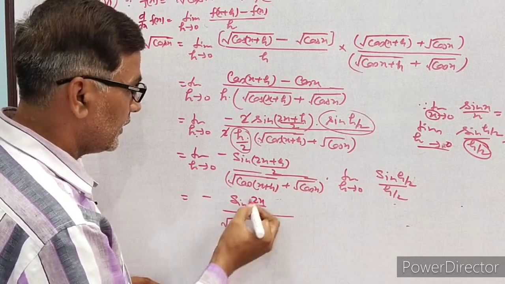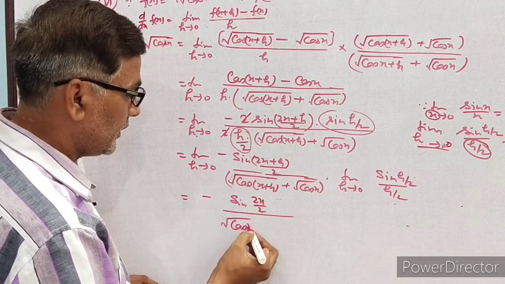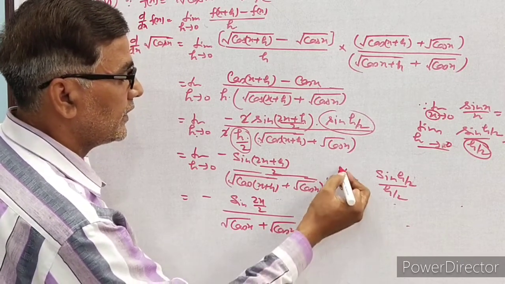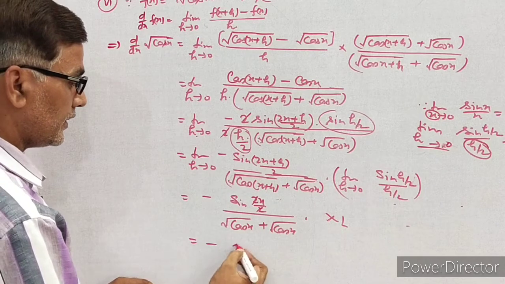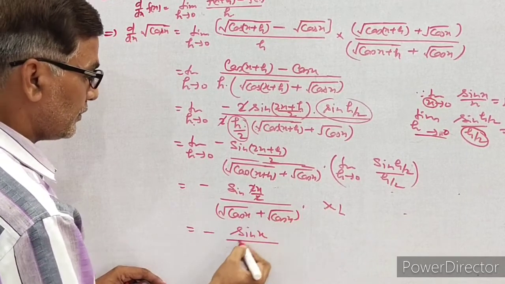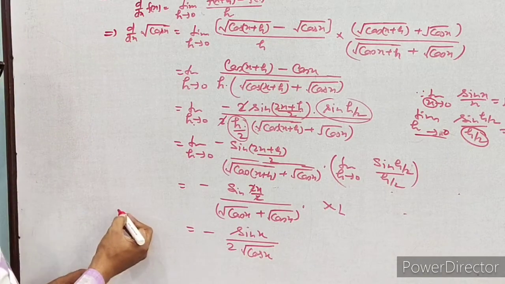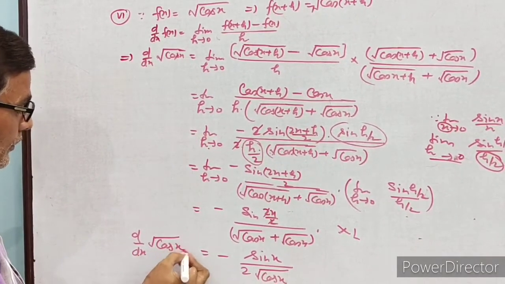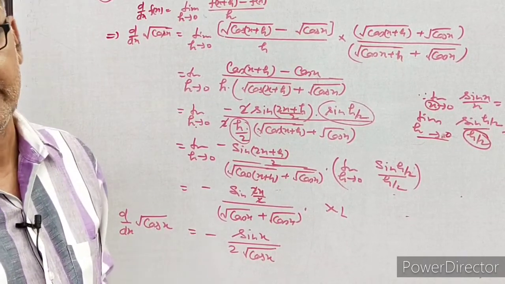Similarly in the denominator, when we put 0 here, we have root cos x plus root cos x, and the value of this term is 1. 2 and 2 cancel out, and on adding these two same results, the final result is minus sin x upon 2 under root cos x. So the derivative of this question is minus sin x divided by 2 root cos x.